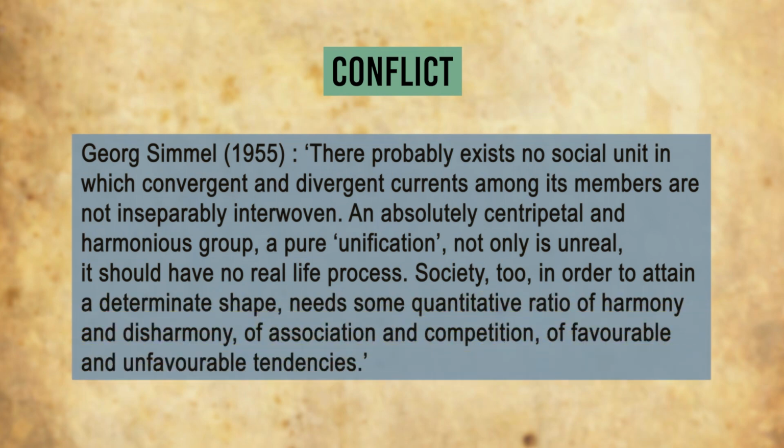Society, too, in order to attain a determinate shape, needs some quantitative ratio of harmony and disharmony, of association and competition, of favorable and unfavorable tendencies. So, he says that there always is an interweaving of simultaneous balance of harmony and disharmony in any society.